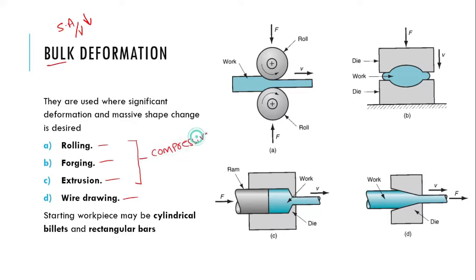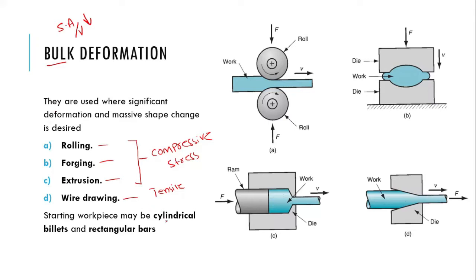The primary driving force is the compressive stress, while the last one, wire drawing, applies tensile stress onto the work part. So there is tensile involved, but only in a few cases.